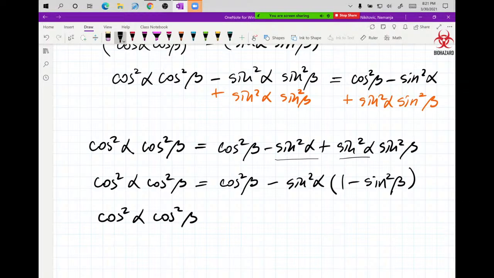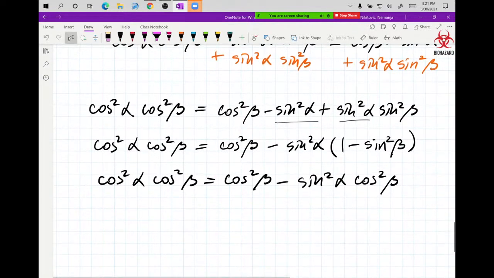Hold on a second. So cosine squared beta minus sine squared alpha, and this thing is now cosine squared beta. And now I can factor out cosine squared beta, sine squared alpha, cosine squared beta.